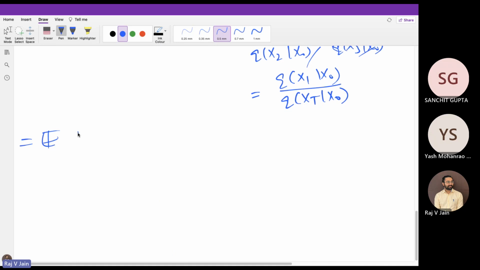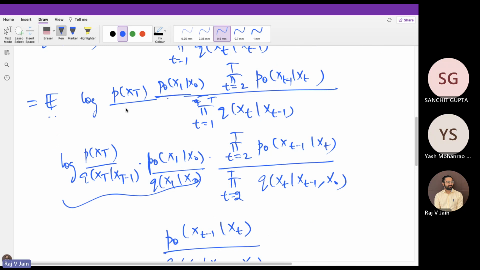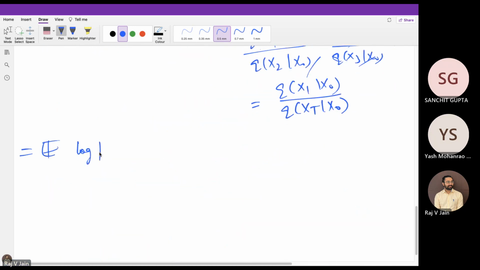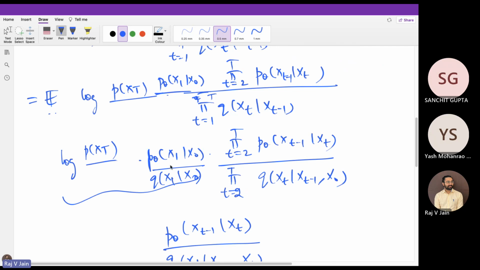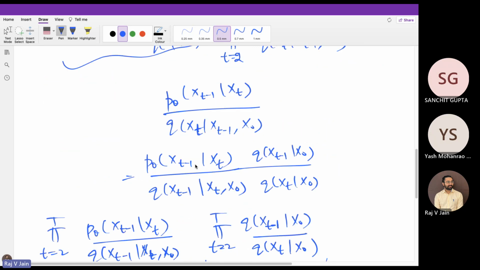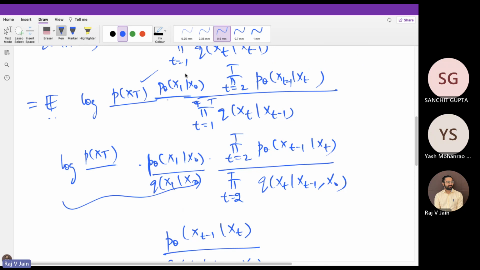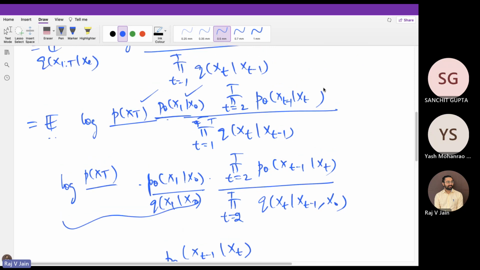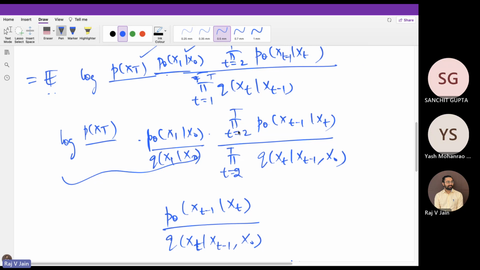Log of, I have one term which is p of xt. This does not remain anymore. So p of xt into p theta of x1 given x0, which I removed in the first step. This term is done. A product t equal to 2 to T, and I had this one still remaining. I had removed that, hence I got this term.